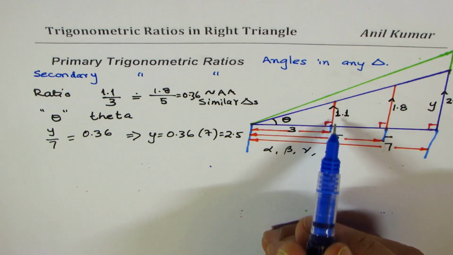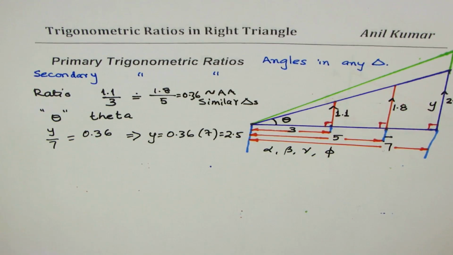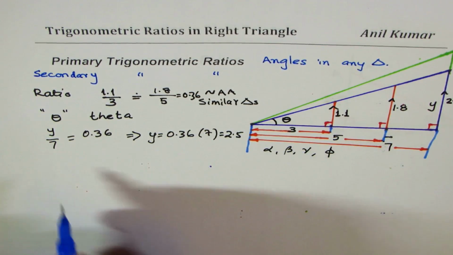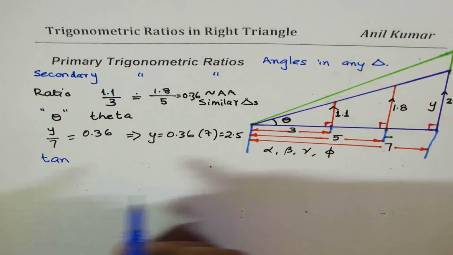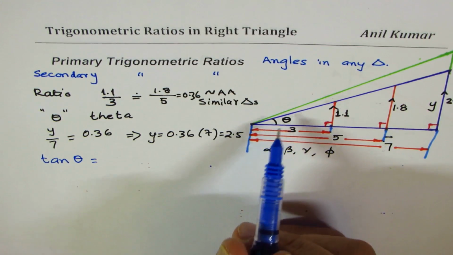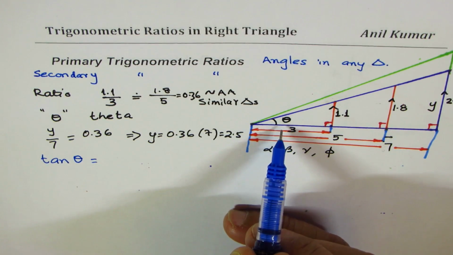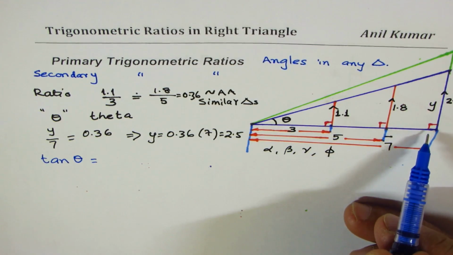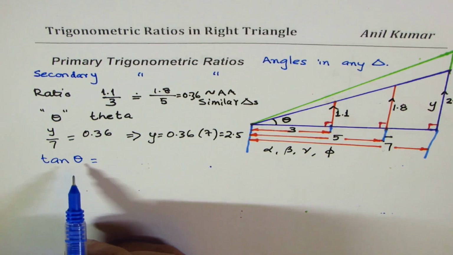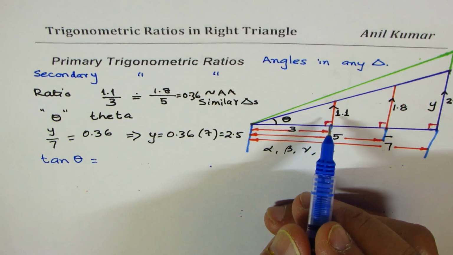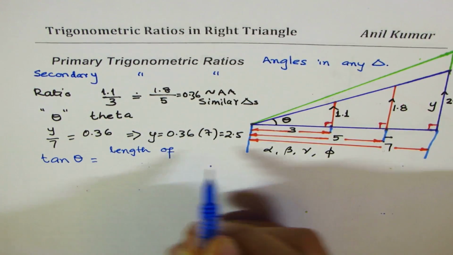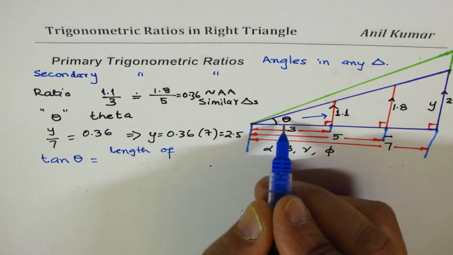So the ratio which we just talked about is called tangent ratio, right? So that is called tan, written in short as tan theta, tan of angle theta. So this ratio which we are talking about is in terms of the angle in a triangle. We are only considering right triangles, in a right triangle, is it okay? And we say that this ratio is equal to the length of that side which is opposite to theta, right?